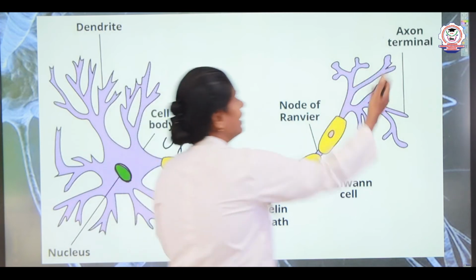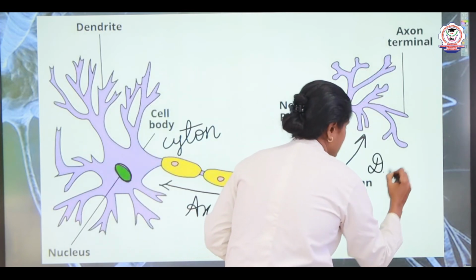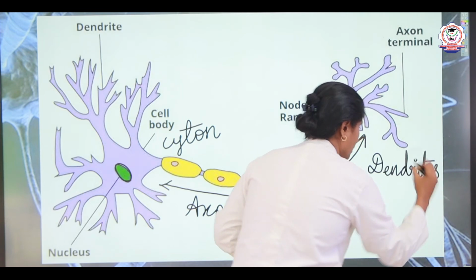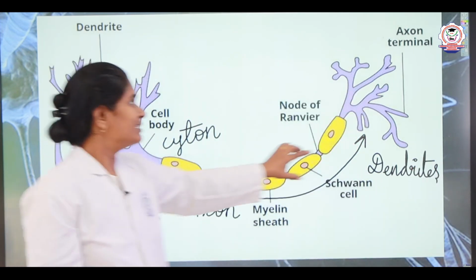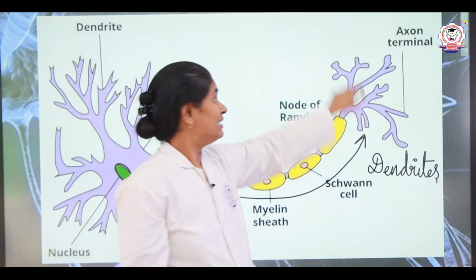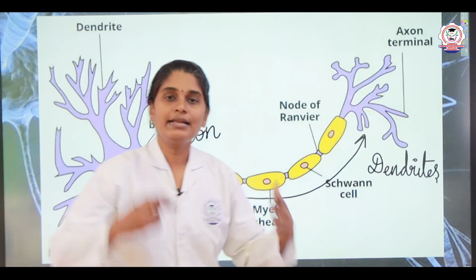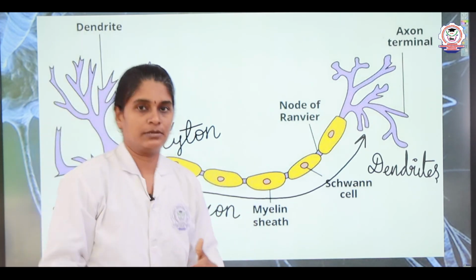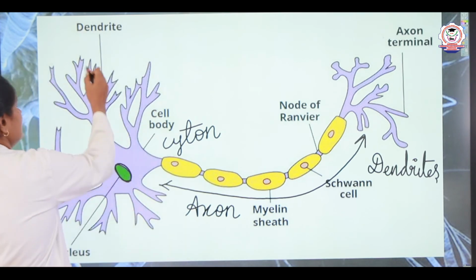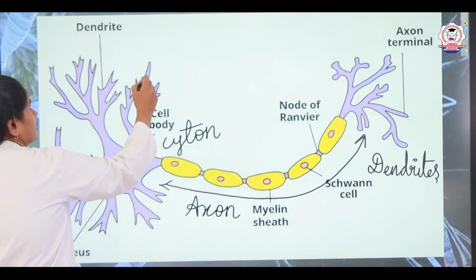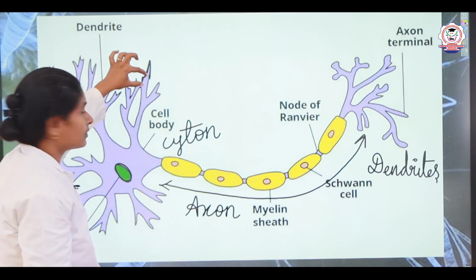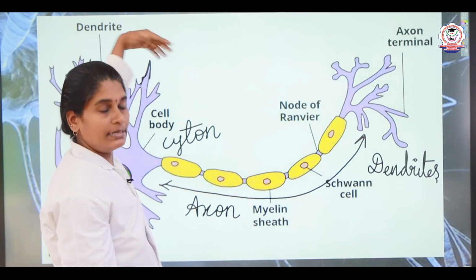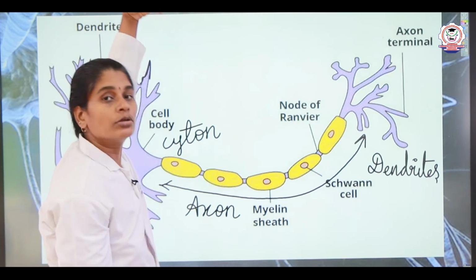The third part is dendrites, right? So this is dendrites, okay. Each and every dendrite is interconnected to the dendrites of another nerve cell. Here you can see these are also dendrites, okay. This dendrite is connected to the dendrites of another nerve cell.